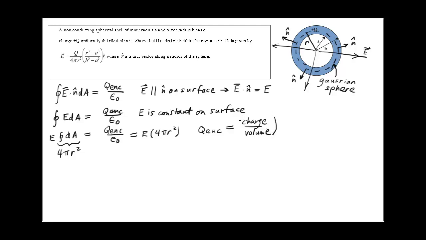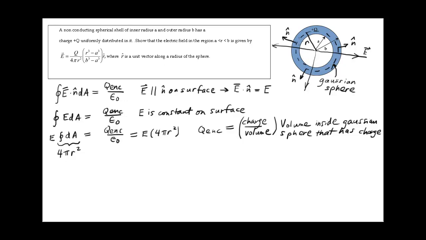If we can find the charge per unit volume, and then multiply by the volume inside the Gaussian sphere that contains charge, then we'll be able to find the total charge enclosed by the Gaussian surface.